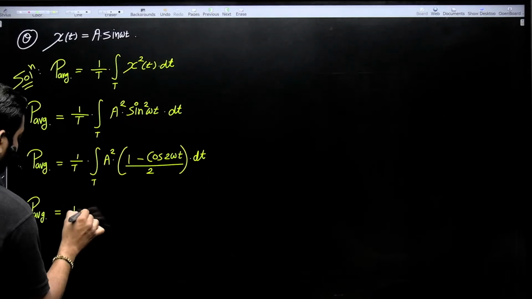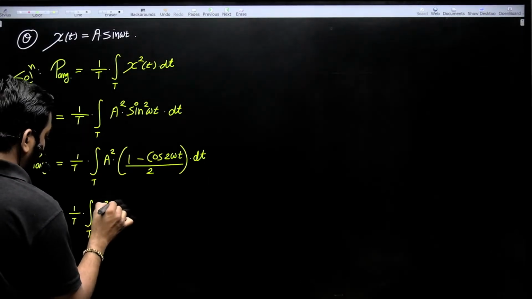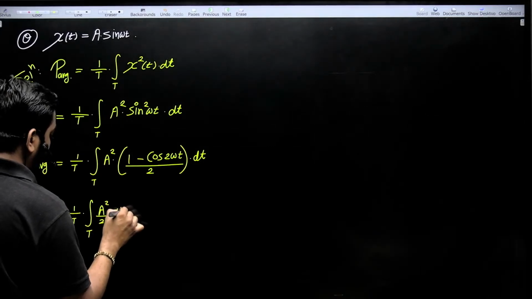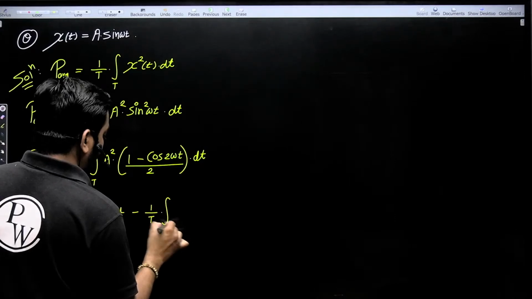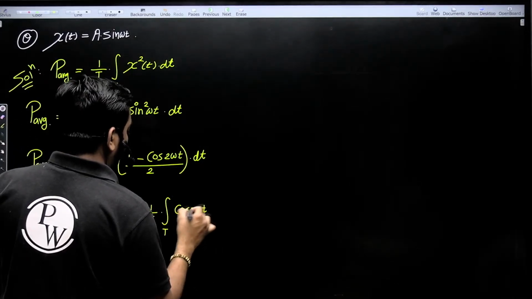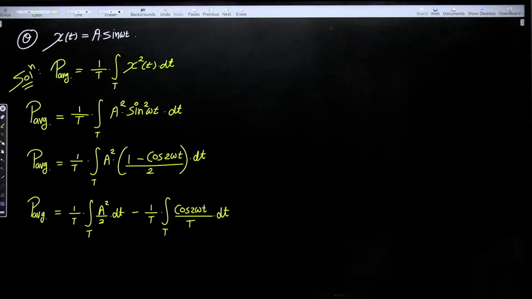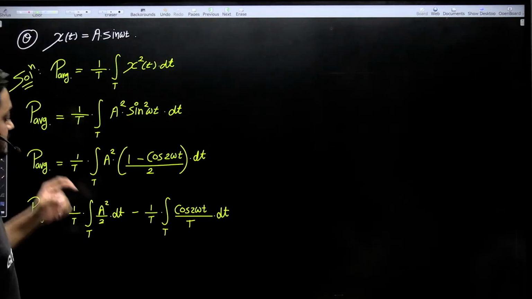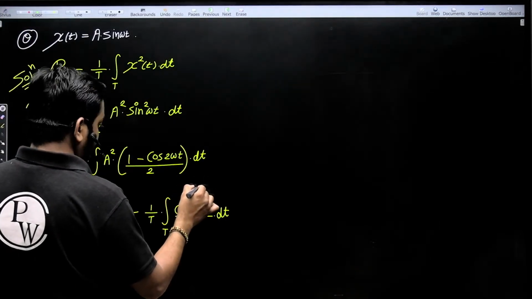1 by T integration over a fundamental period a square by 2 dt minus 1 by T integration over a fundamental period cos 2 omega t divided by 2 dt. Now tell me, guys, what is the answer of the second integration?